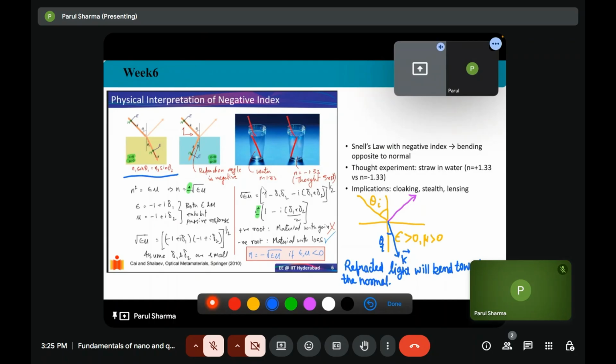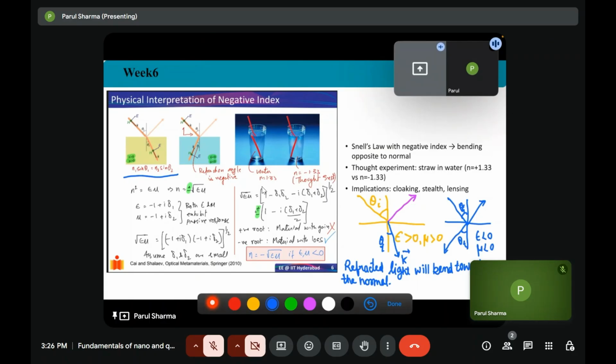So then the next case, if you have the negative index, that is epsilon is lesser than 0 and mu is also lesser than 0, then what will happen?